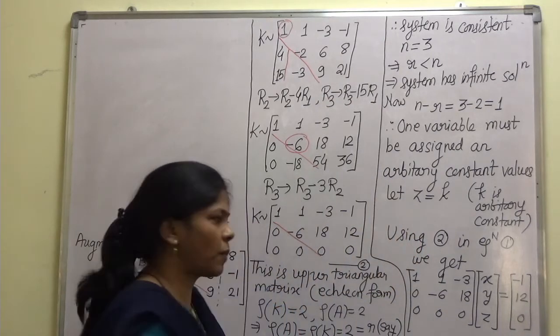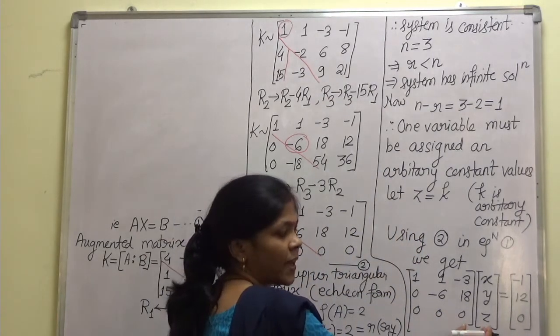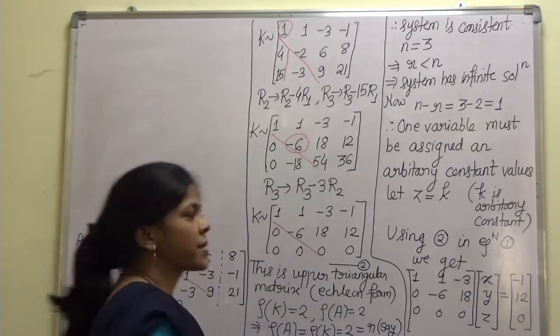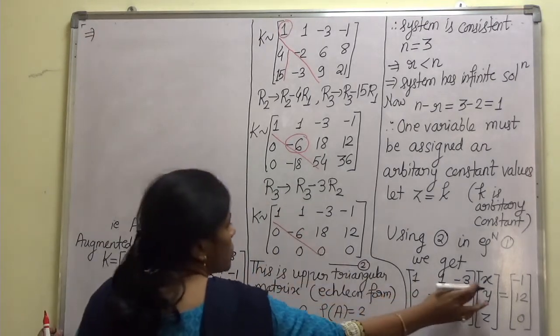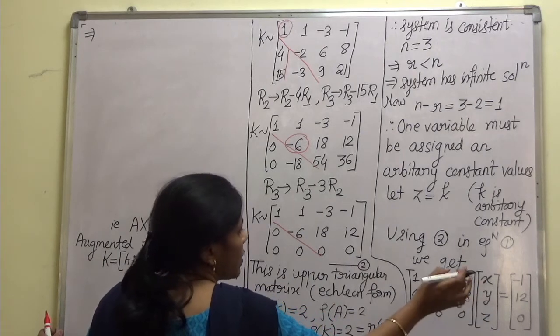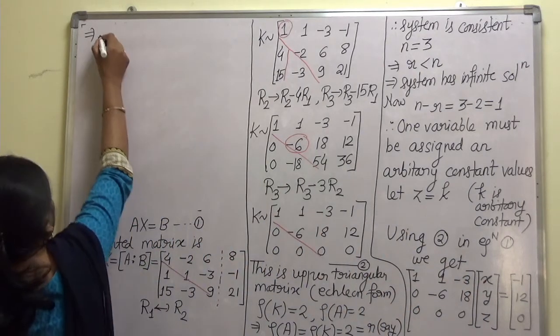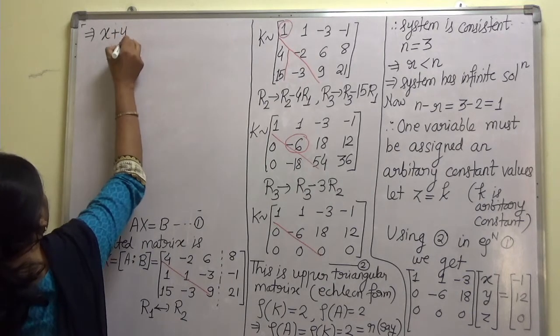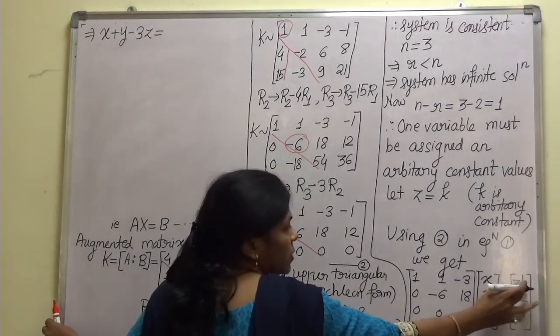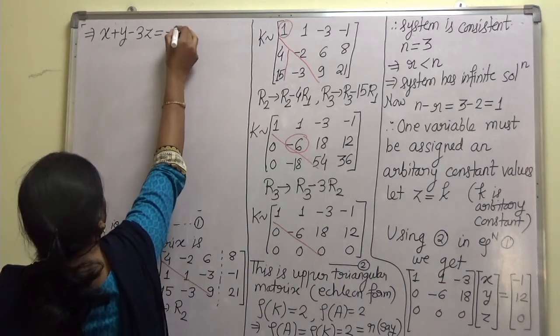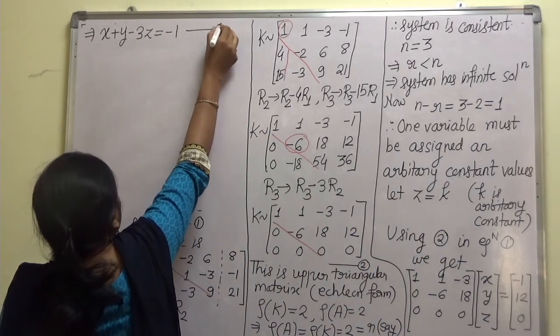Now we'll multiply this matrix and equate with the right hand side matrix. So x into 1, x plus y into 1, y minus 3z. So we have x plus y minus 3z equal to, first element, minus 1. Call it equation number 3.